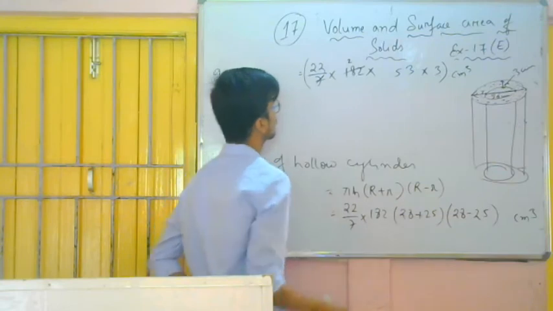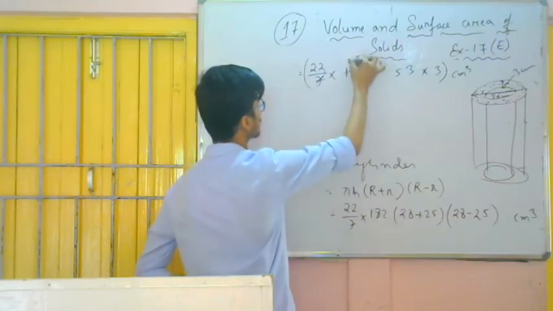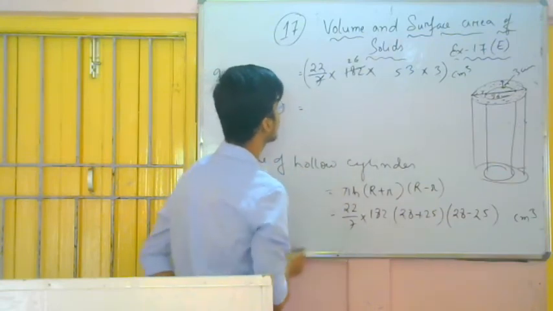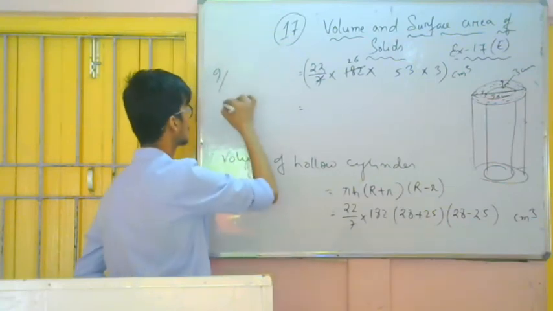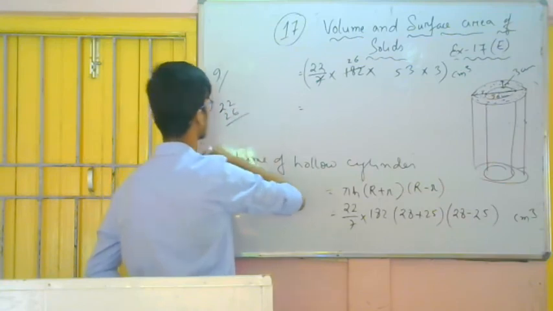7 2s are 14, then 4 left, 42, 6 jar. 22 into 6 into 53 into 3. So 22 into 6, 26.